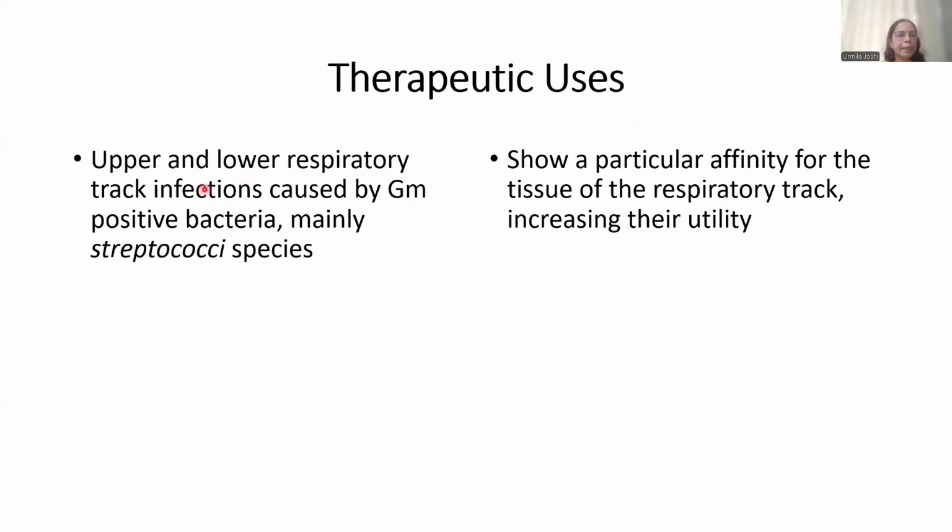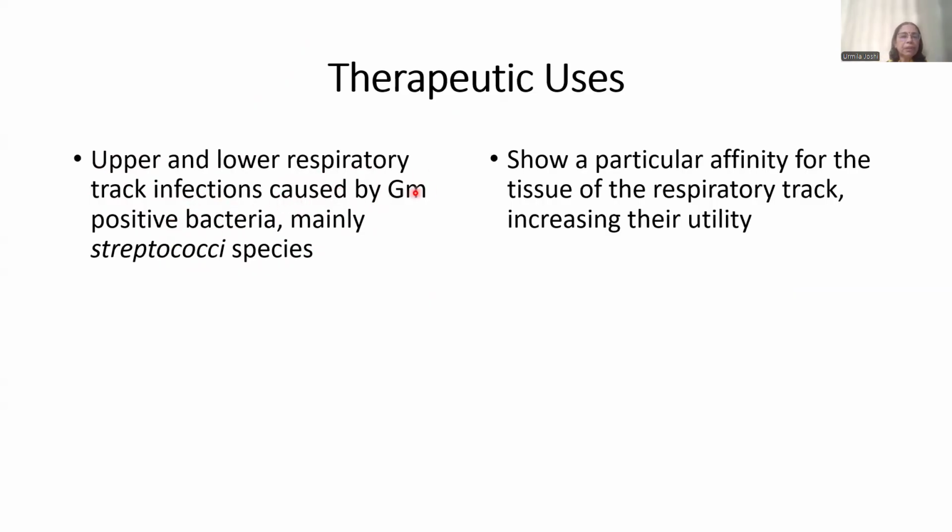Coming to the therapeutic uses. Mostly upper and lower respiratory tract infections are treated with macrolides: erythromycin, roxithromycin, or azithromycin. Erythromycin is given 4 times a day, roxithromycin twice a day, and azithromycin once a day.